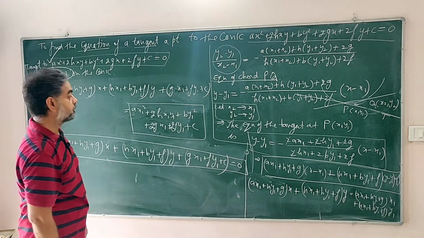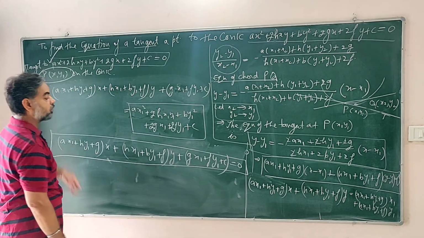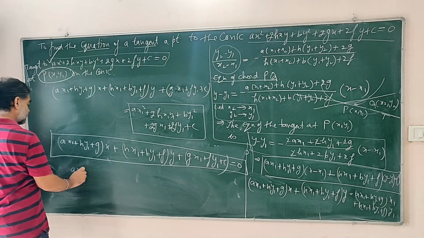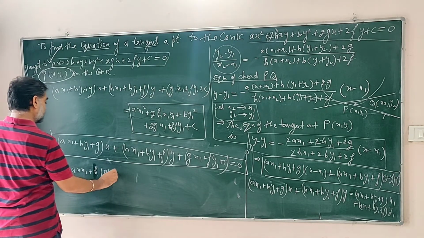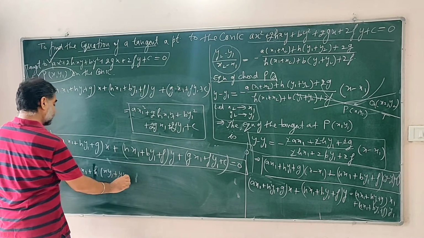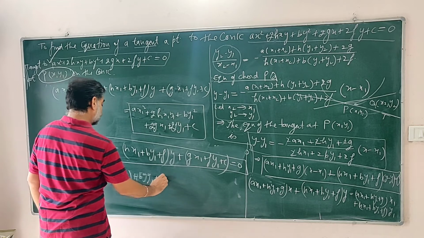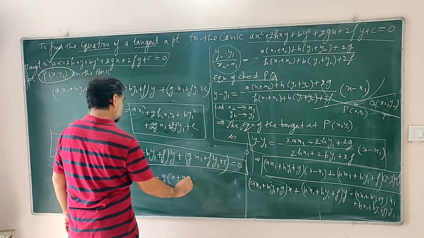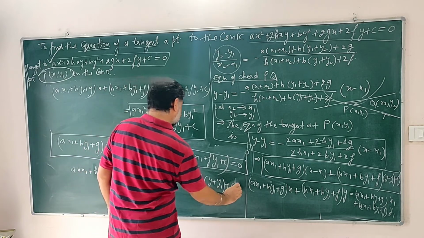This is how it is done, and this equation can also be written as axx1 plus h(xy1 plus yx1) plus byy1 plus g(x plus x1) plus f(y plus y1) plus c equal to 0.